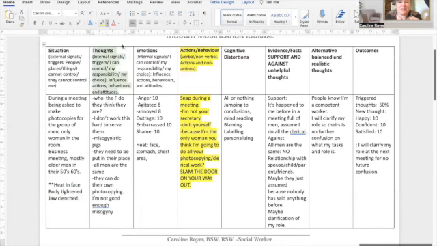So here we go. Let's try to get organized here. So the thoughts that were going on when that happened. Now we're slowing things down, right? The event already took place, and now we're slowing things down to try to figure out, okay, what were the triggers for me? What was the situation? And how could I have thought differently so that my emotions weren't so reactive and I didn't have such a reaction during that meeting?